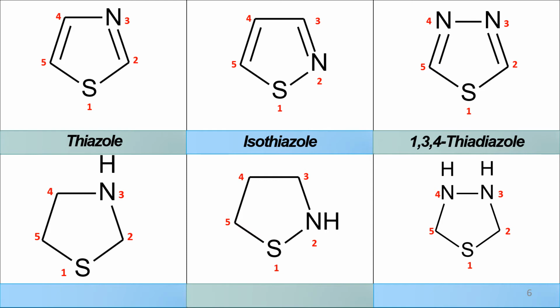Thia for sulfur, di indicates 2, aza indicates nitrogen, and OLE for the unsaturated ring. So why 1,3,4? These are the positions of the heteroatoms. One is for sulfur, another is for nitrogen, and number 4 is for nitrogen.